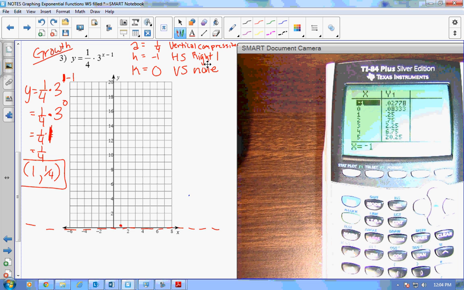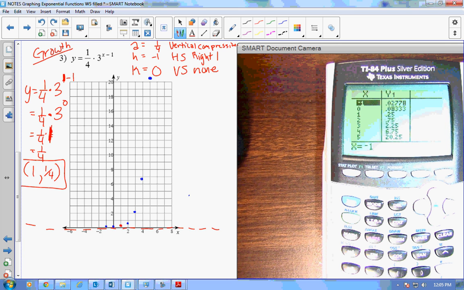-1 and 0.02 is really, really close to the x-axis. So is 0, 0.8. Each of these should get slightly higher as we go because it was a growth. And then you should start getting higher faster, more rapidly. 6.75 and 5 is 20.25, which we can graph.